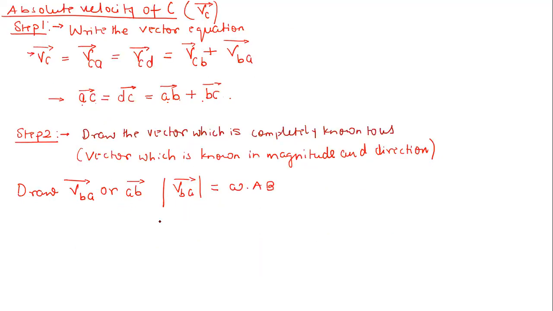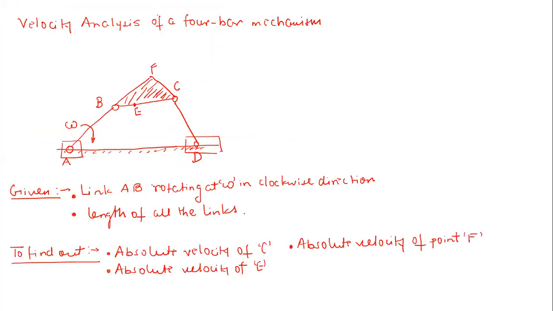Now, what will be the direction? Let us talk about the direction of the VBA vector. This is magnitude. What about direction? Will it point upwards or will it point downwards? Is the question clear?